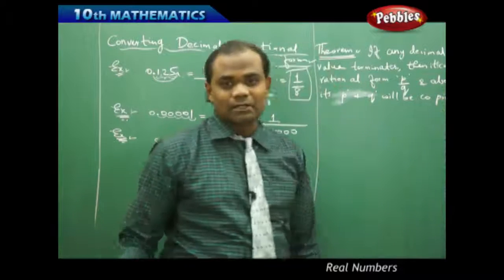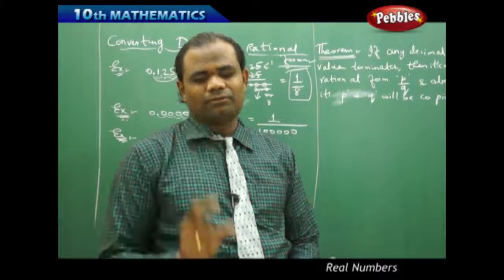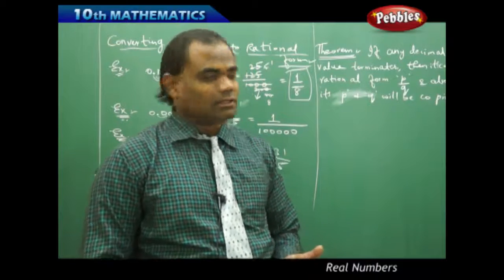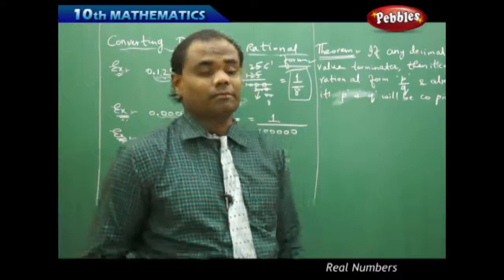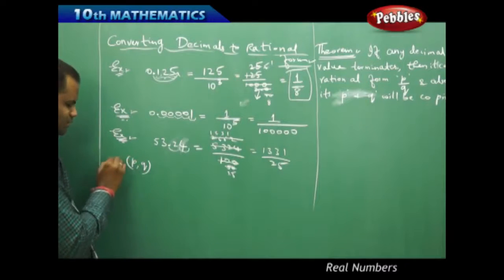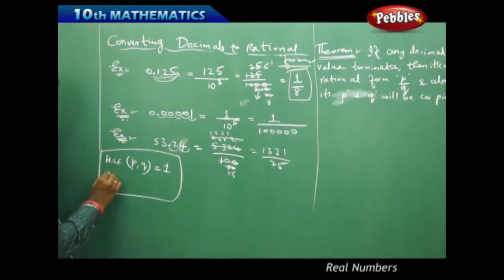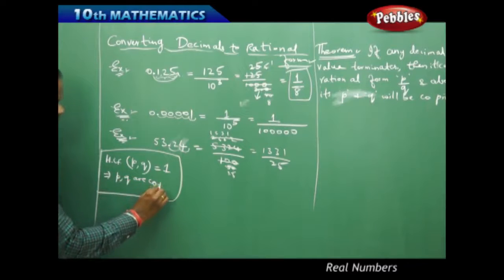Now coprimes are those values which are considered to be when the GCD of those two numbers is 1. So when do I say that two numbers are coprime? If I say that two values are coprime, then the GCD or HCF of those two numbers must be 1. Then that implies the two numbers are coprime.